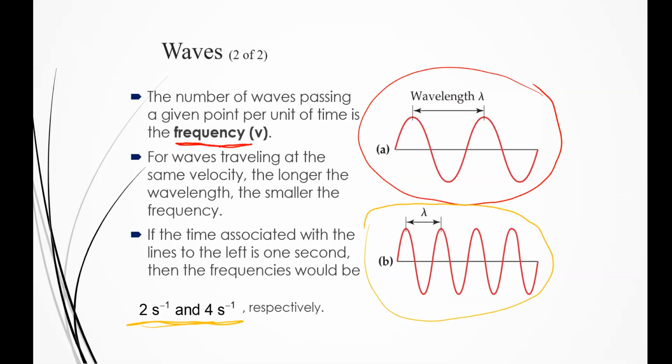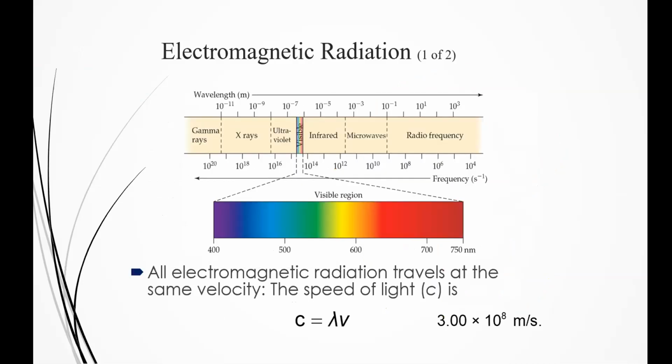Because everything travels at the same speed, which is c, and that has a value of 3.00 times 10 to the 8 meters per second. You can also notice on the back of your equation sheet, you have the speed of light in there as well, 2.998 times 10 to the 8 meters per second.